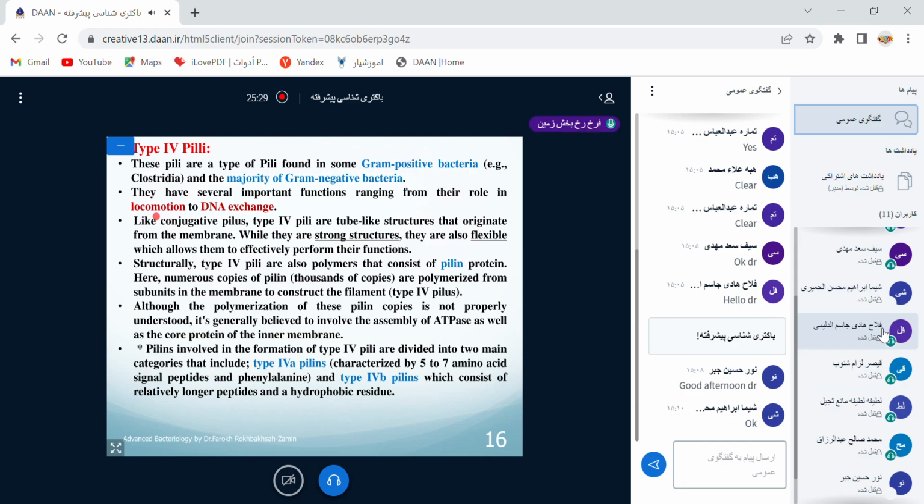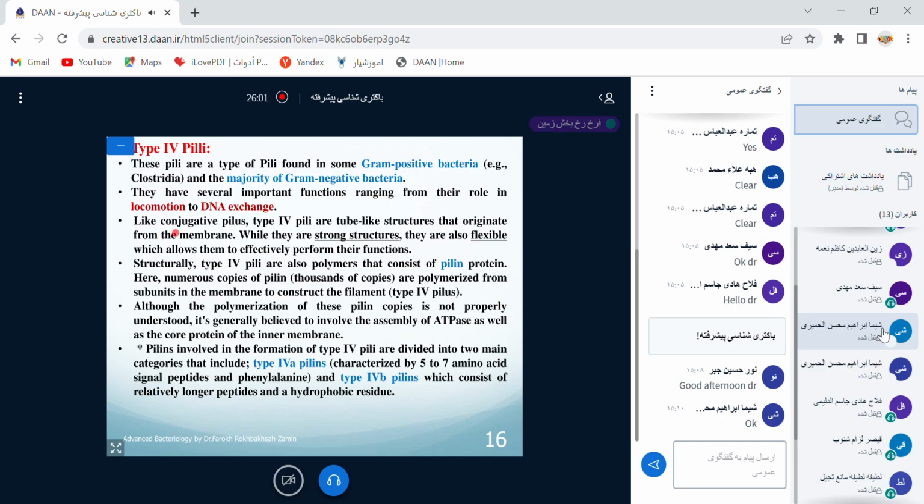We were talking about locomotion by flagella, but here we can talk about locomotion or motility by type 4 pili also. Locomotion and motility by flagella are very fast, but locomotion by pili is very slow.